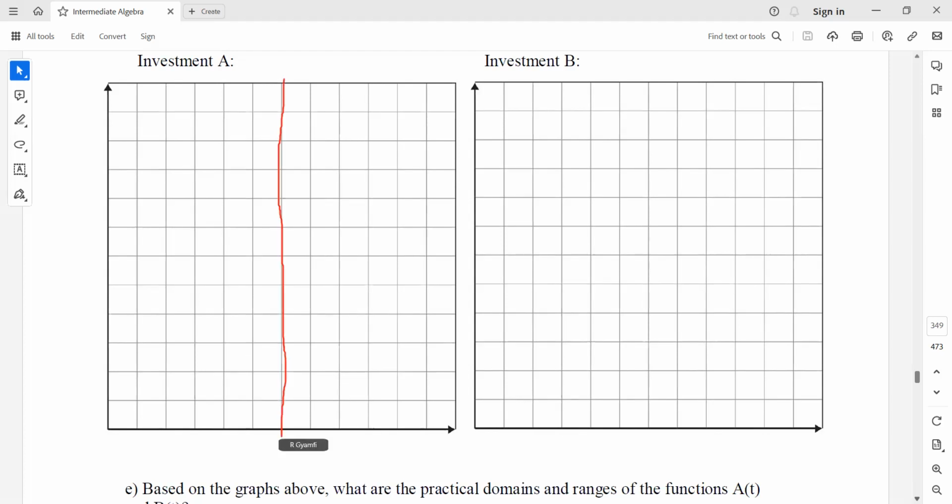And then that is going to be my x-axis. Now for investment A, remember it's doubling, right? So start from here, and then you go there. I'm going to say this is steps, this is 10.